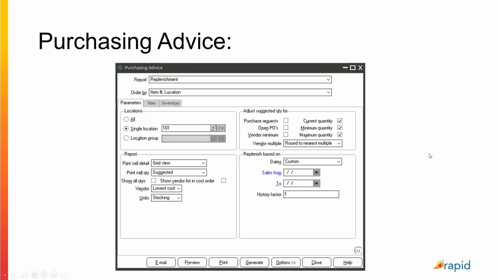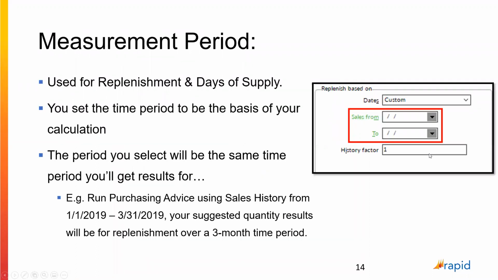Before we do, though, there's just 2 concepts we want to get through, and one of them is that measurement period. Because replenishment and days of supply are using sales history, we do set our measurement period for both of these approaches. The part to remember here is that the period you're selecting is the exact same one you're getting results for.